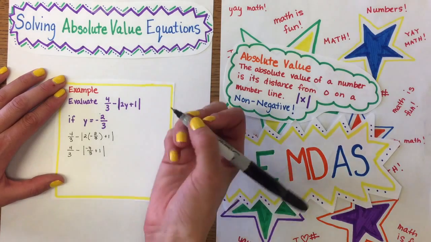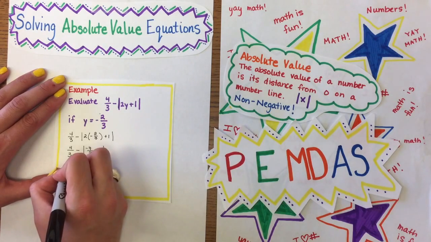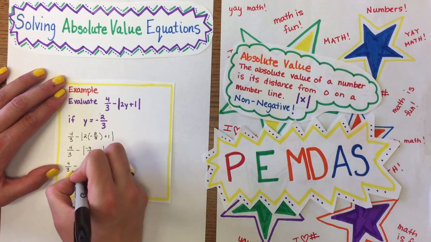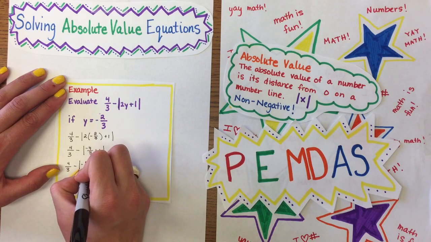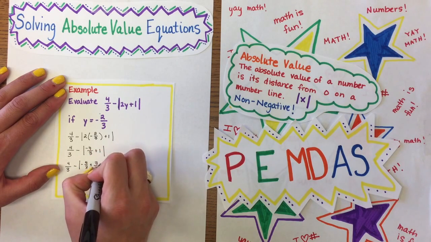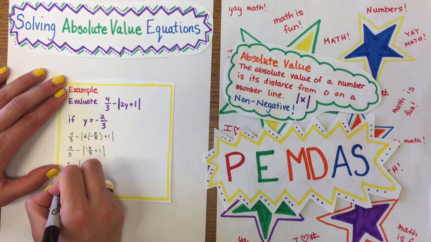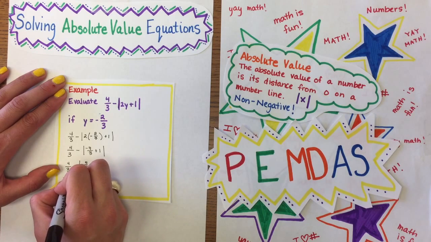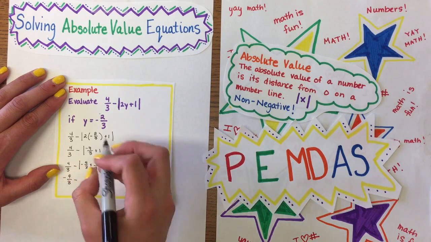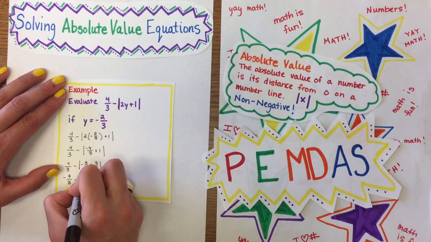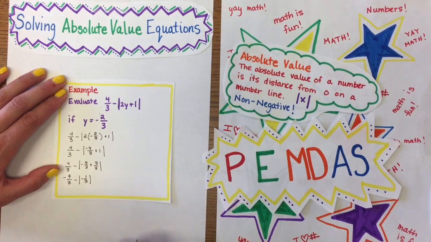Now, -4/3 plus 1 becomes -4/3 plus 3/3. So this is -4/3 minus the absolute value of -1/3.